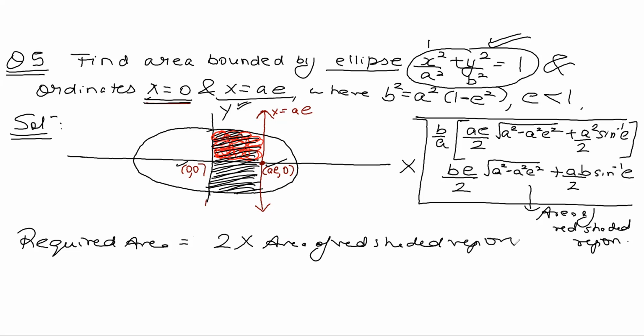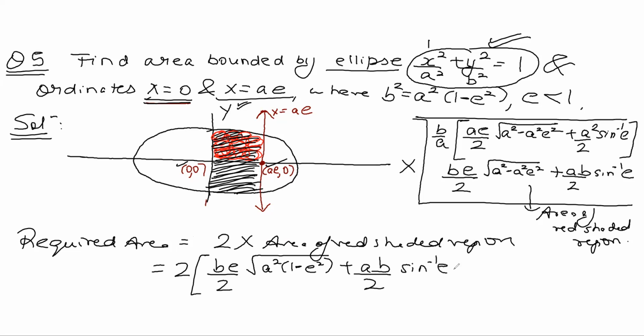2 times the area of the red shaded region, which is 2 times be by 2 into under root, I can take a square common, so it becomes 1 minus e square plus ab by 2 times sine inverse e.